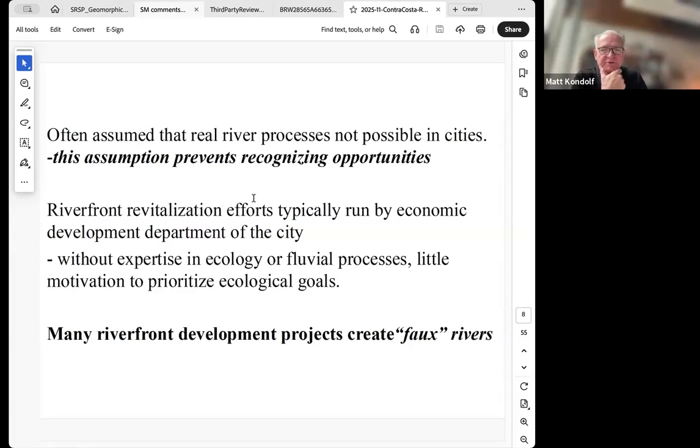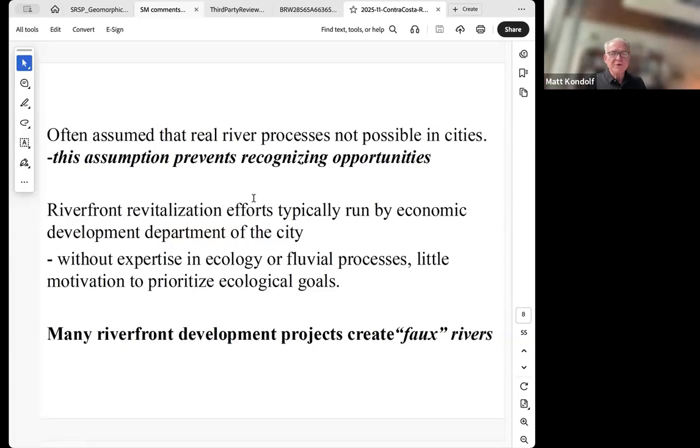Riverfront revitalization efforts are typically run by the economic development department of a city. The people there, they're well-intentioned, they're going to create nice things in terms of the economy, but they have no expertise in ecology or fluvial processes, and usually very little motivation to prioritize ecological goals. As long as they can make it pretty, that's all they need.